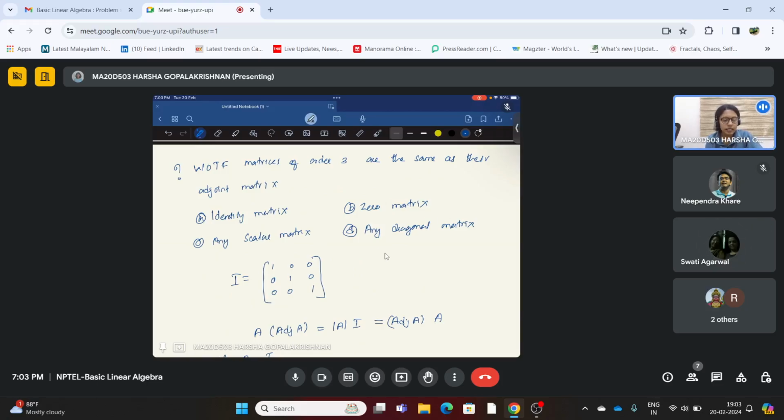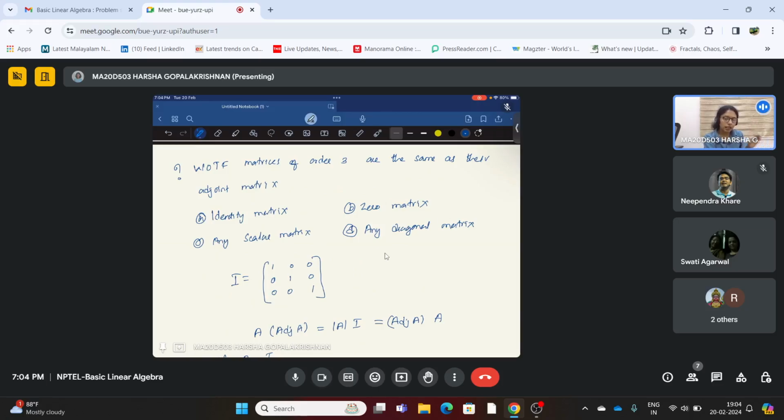And what is a diagonal matrix? Diagonal matrix means all the diagonal entries can be different also. But in a scalar matrix, all diagonal entries are the same. For example, if all diagonal entries are 2, it is a scalar matrix, but it is a diagonal matrix also.